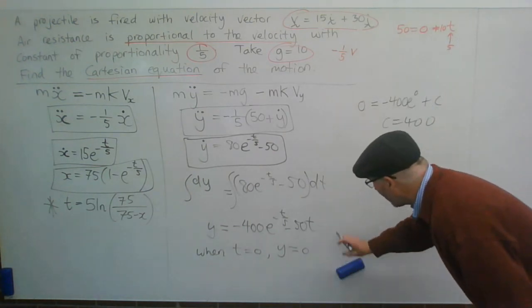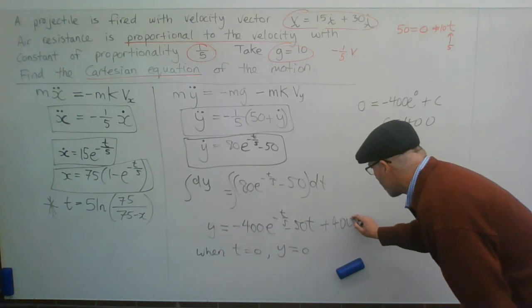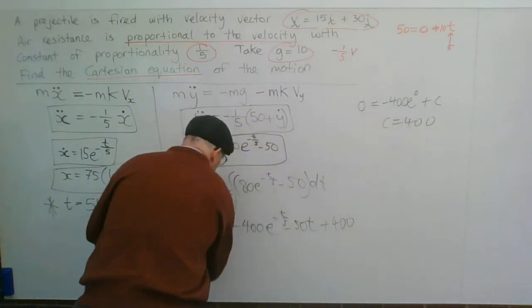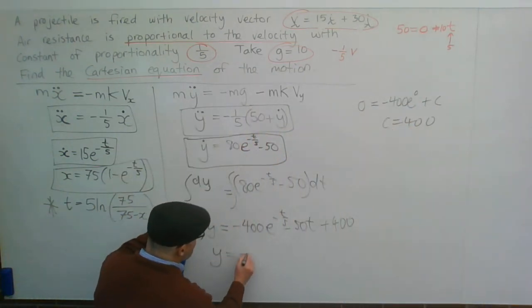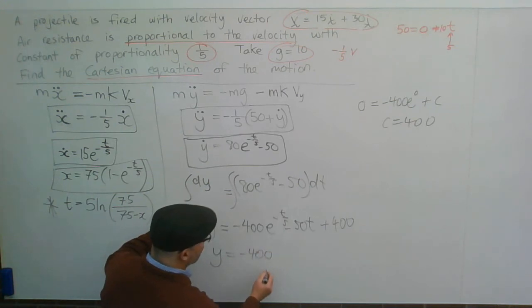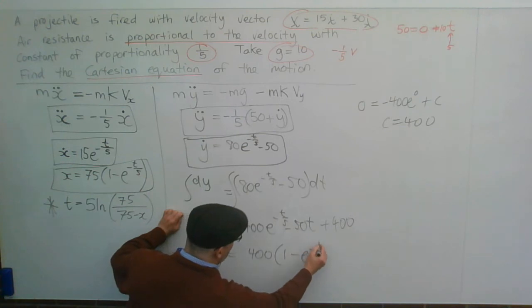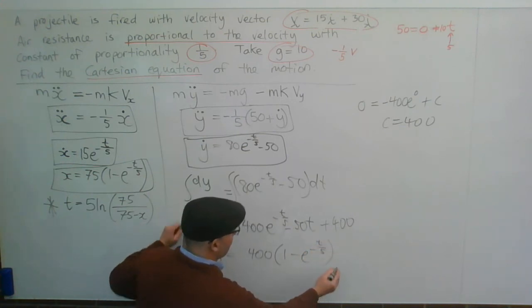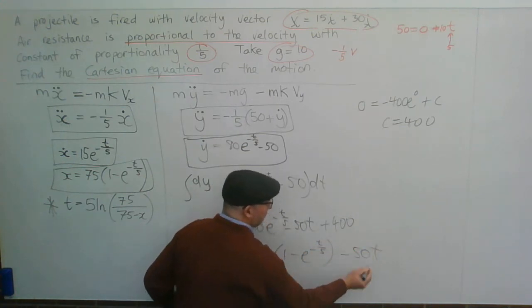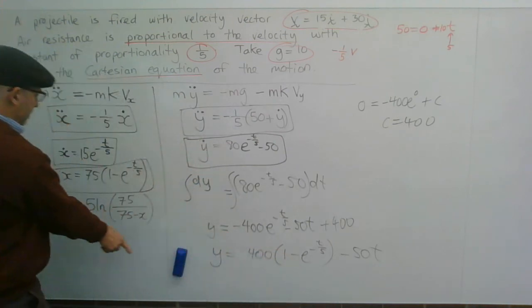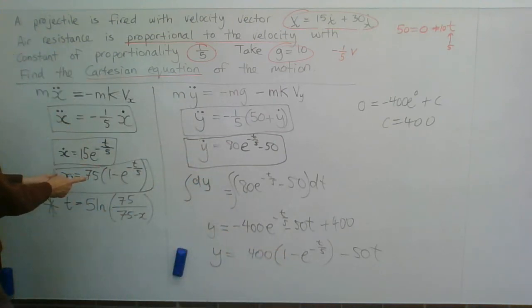So I'll pop that in there. And I'm going to write it like y equals 400 into 1 minus e to the minus t on 5, and then minus 50t, just because 1 minus e to the minus t on 5 is something up here.